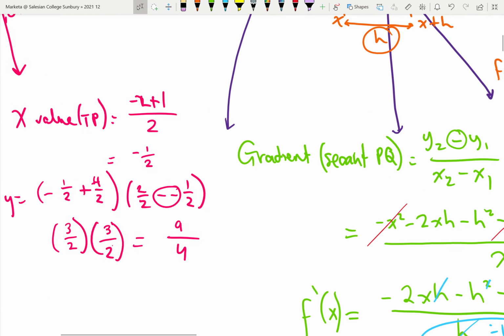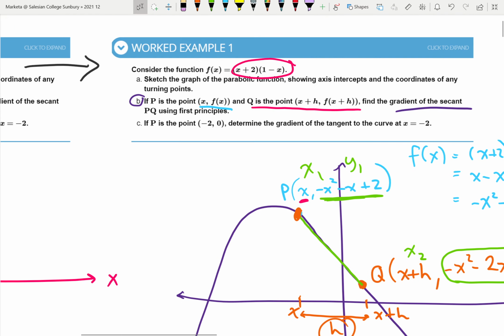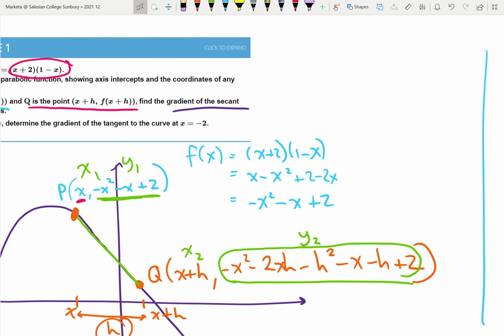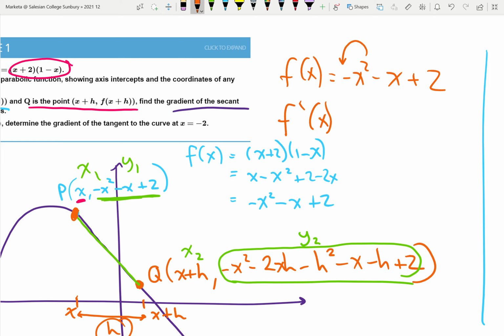So we expanded this equation somewhere, over here. If f of x is negative x squared minus x plus 2, then differentiation, remember, you multiply by the power. So negative 1 times 2 is negative 2. And then you minus 1 from the power: 2 minus 1 is 1. We don't need the 1 there, but I'll put it there to show you it became 1.